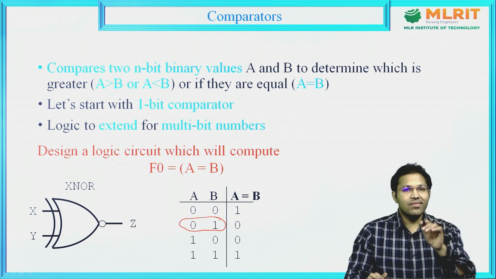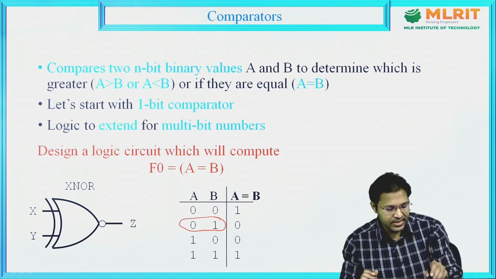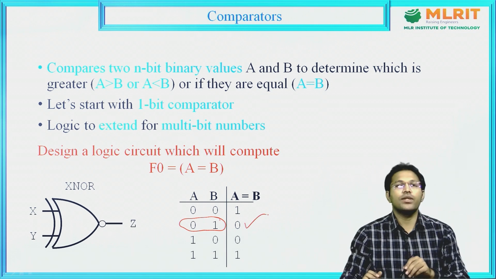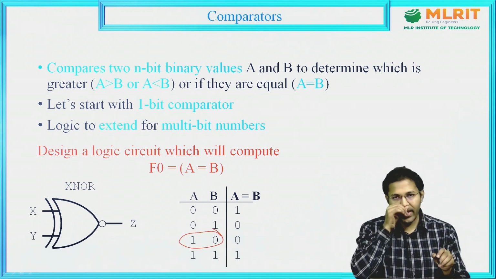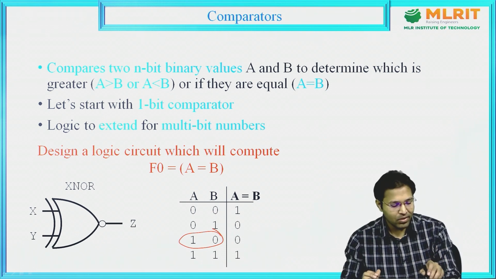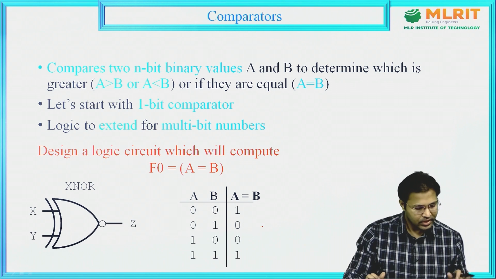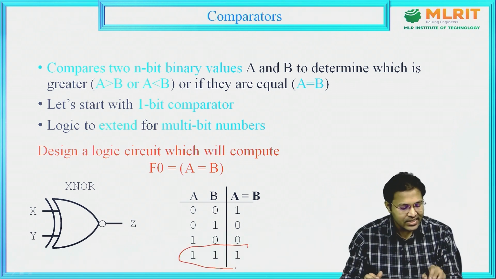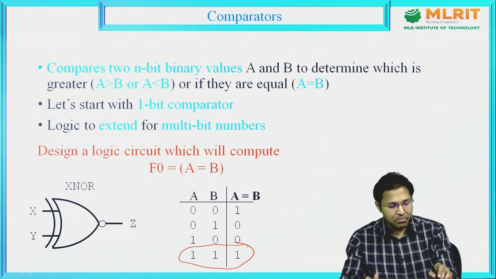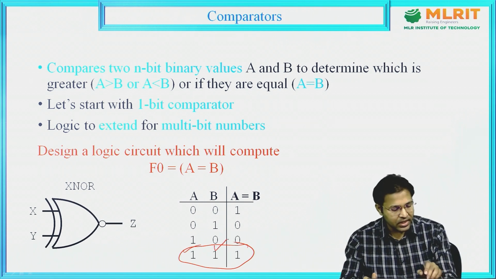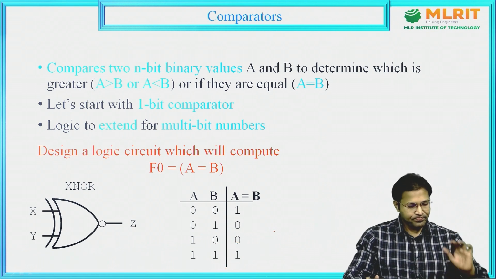They are not equal, 0 is not equal to 1. That is the reason we put a 0 here. Third case, A is 1, B is 0. They are not equal, so we give a 0. Again, in the last case, similar to the first case, both A and B are the same. A is 1, B is also 1, hence the output in this case is 1.